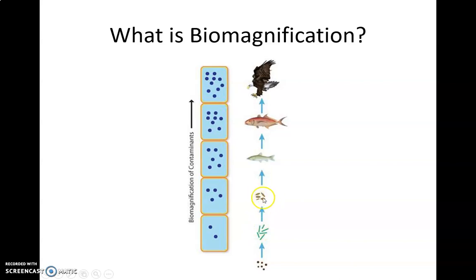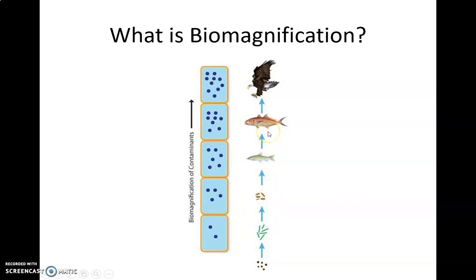But if this organism here comes and eats 50 or 100 of these guys, then you can see how this organism now is going to have a higher concentration of that chemical in its body. And then this organism here might come and eat 50 or 100 of these guys, and so then the amount of that chemical increases in their body here. So as we move up the food chain, the chemical's concentration is magnified.